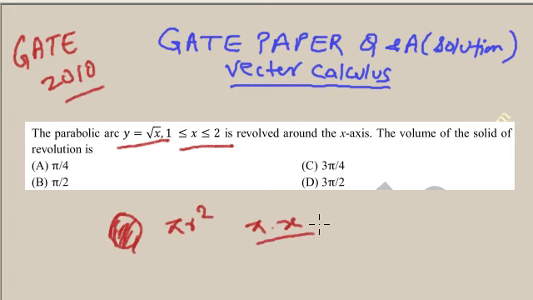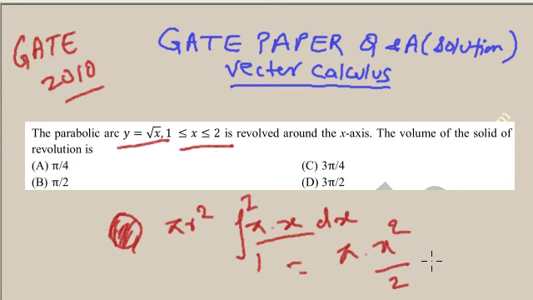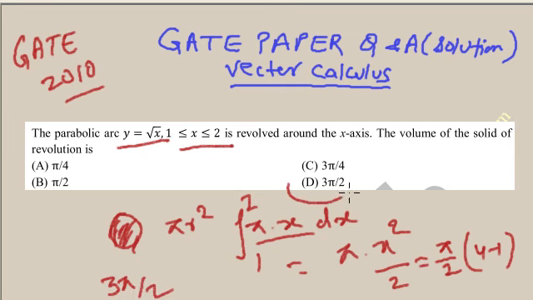You integrate it with respect to x from 1 to 2, so you will get pi x square by 2, and the value is pi by 2 into (4 minus 1), so this is 3 pi by 2. This is the correct answer.